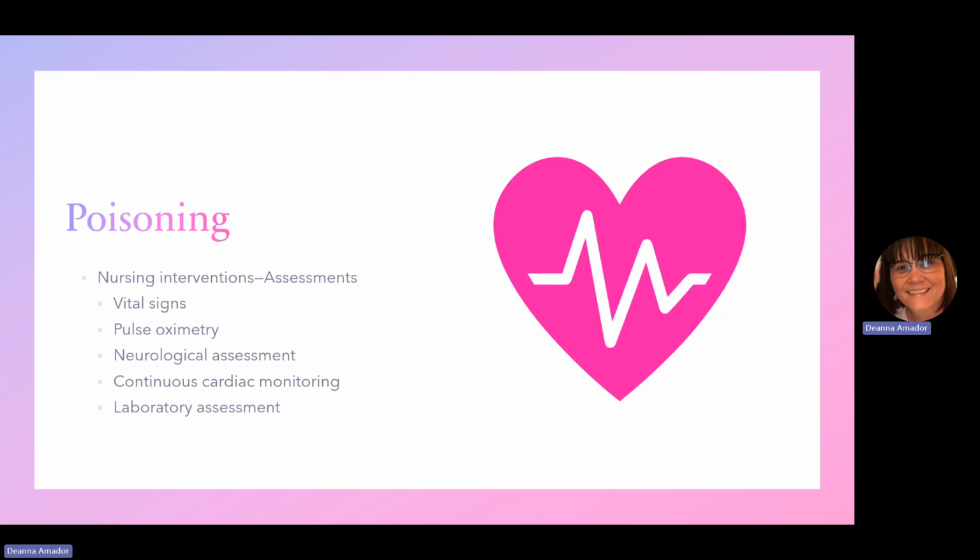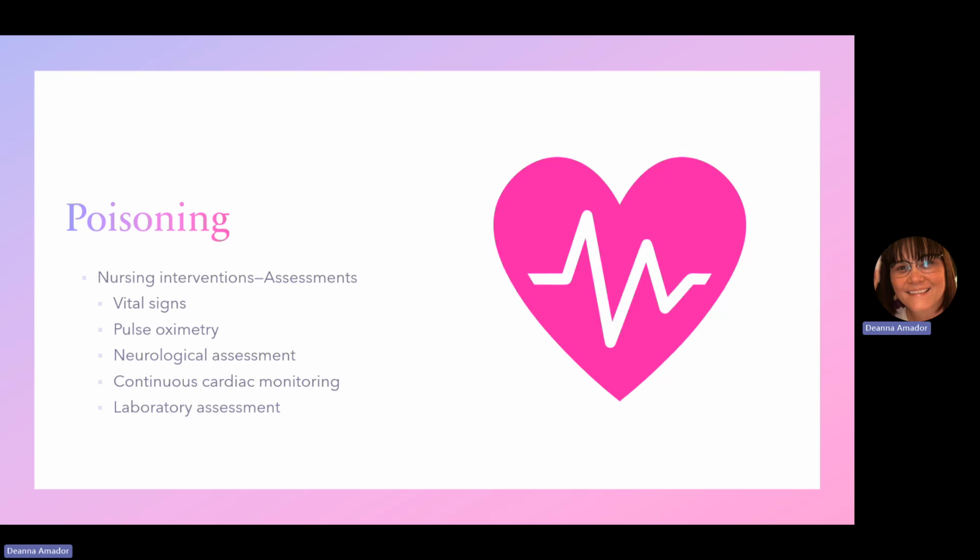We can have dangerous dysrhythmias. We can have depletion of potassium levels with salicylate poisonings and other medications that can cause potassium changes. So watching for those cardiac dysrhythmias is important.